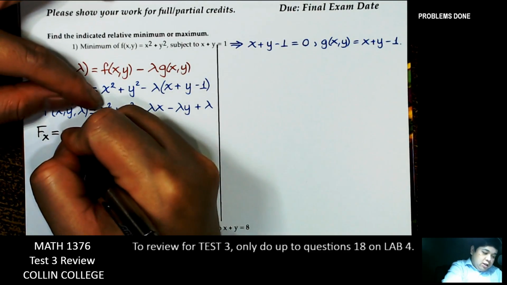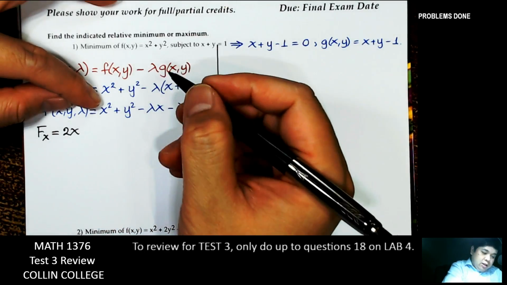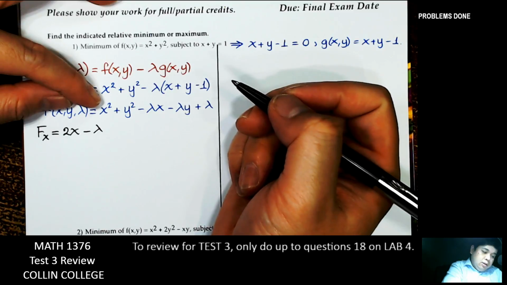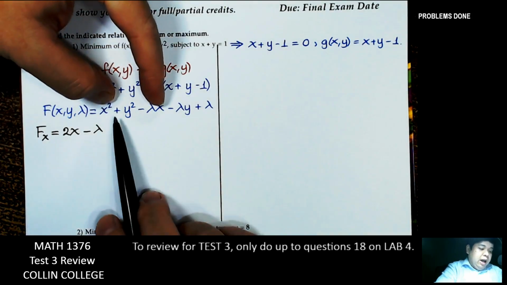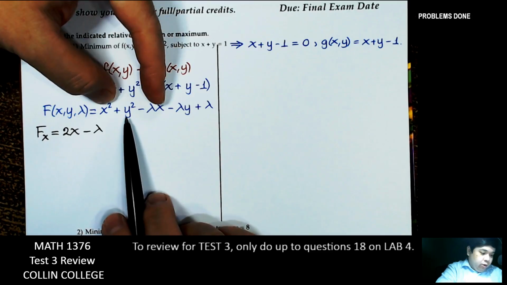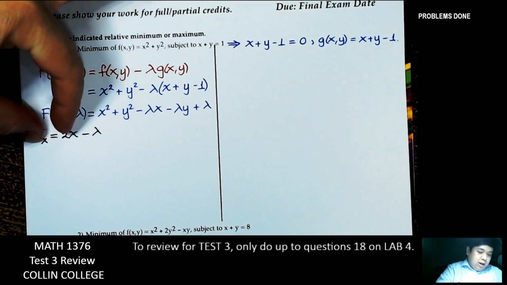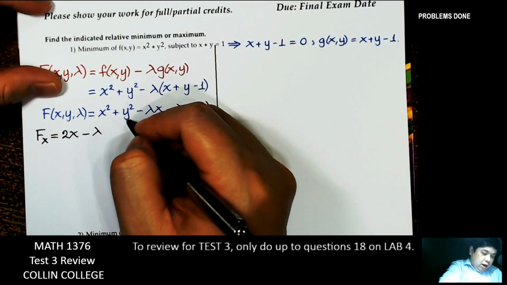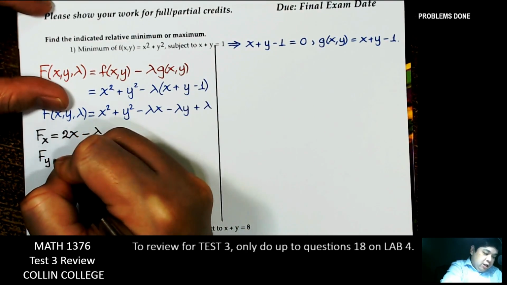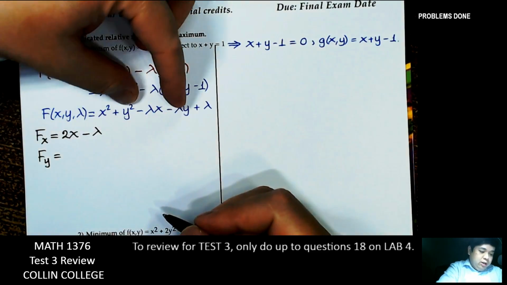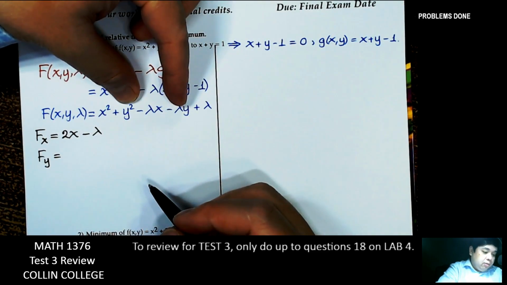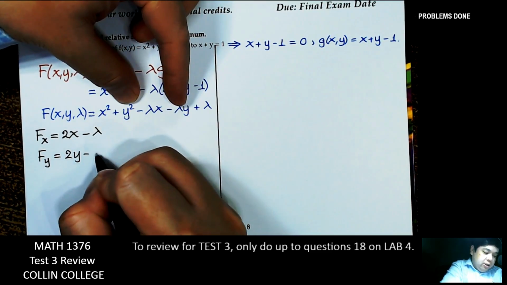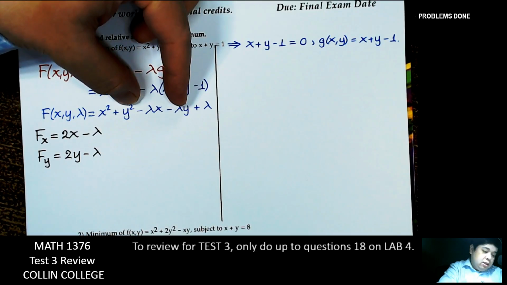Derivative with respect to x will be 2x minus lambda. Those are the variables of x, and we just have that. The second derivative, with respect to y, for those two that have y, we have 2y minus lambda.